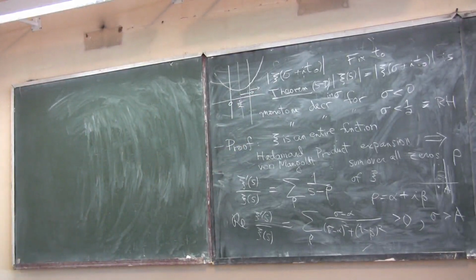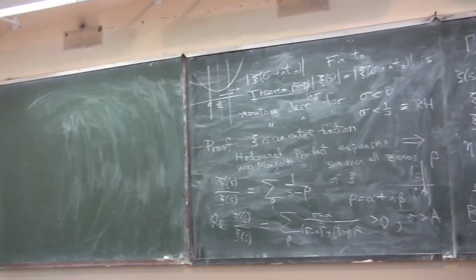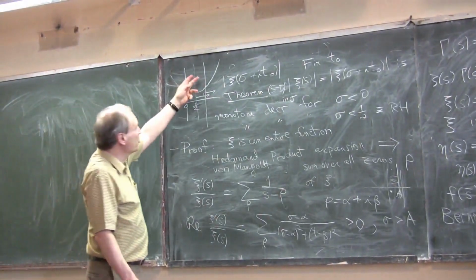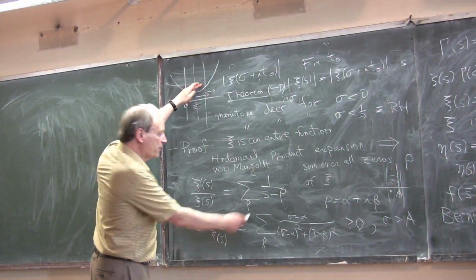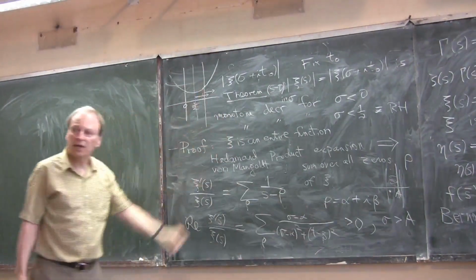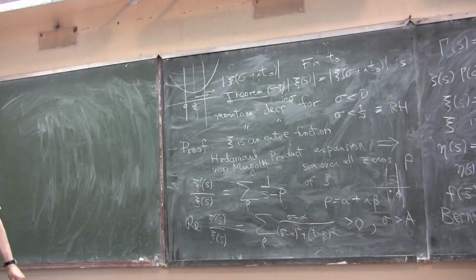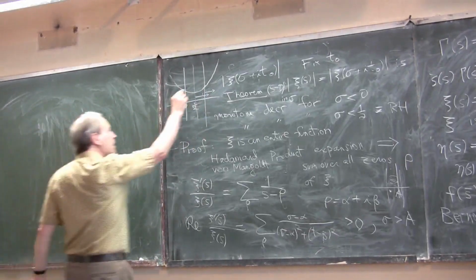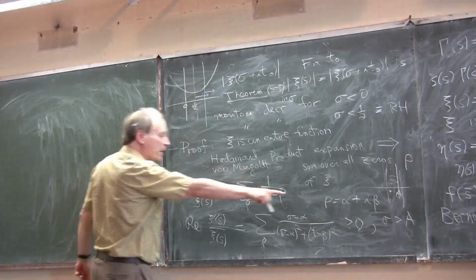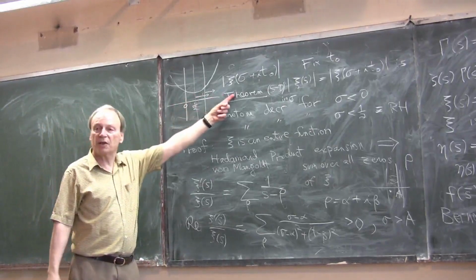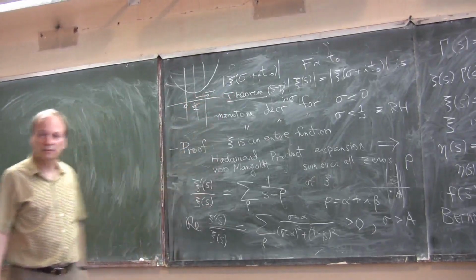It's sitting in this formula. If sigma is greater than 1, then all zeros are in this region, so these will all be positive. And therefore, it is monotone increasing. If we have Riemann hypothesis, then all zeros are on this line. This number A that I spoke about is 1/2, and therefore it's also monotone increasing in this region.